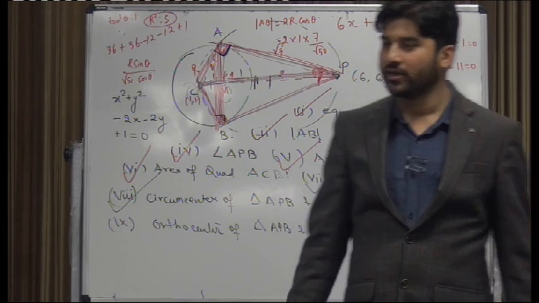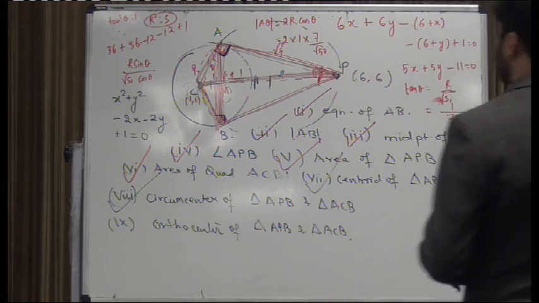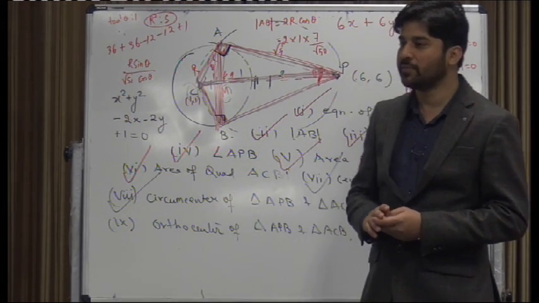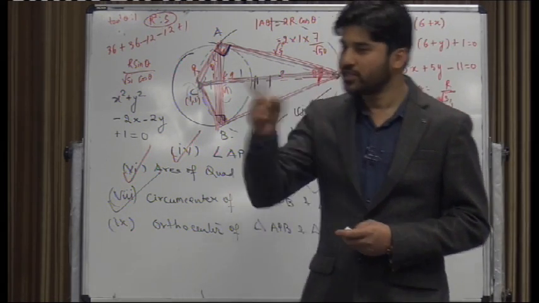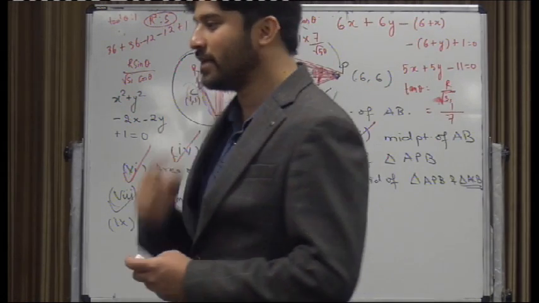Clear? So now the last portion is the orthocenter. How to find the orthocenter? Who will help us? Mr. Euler will help us, like Mr. Pythagoras always helps us, right? This time Mr. Euler.